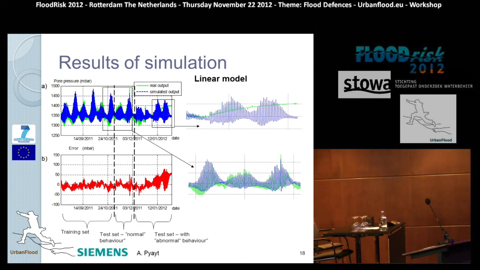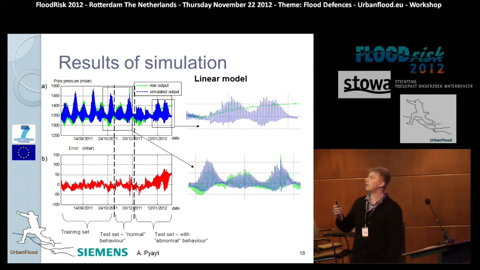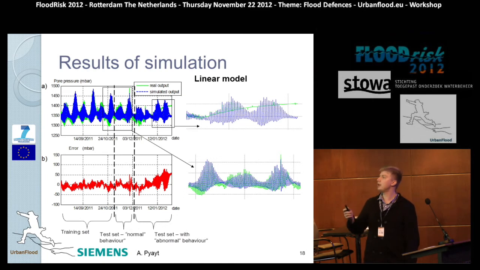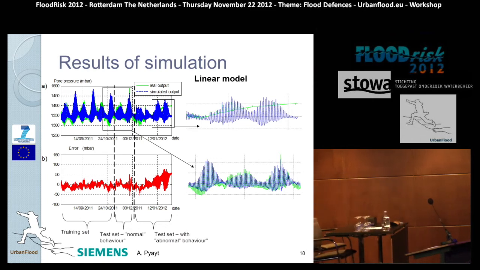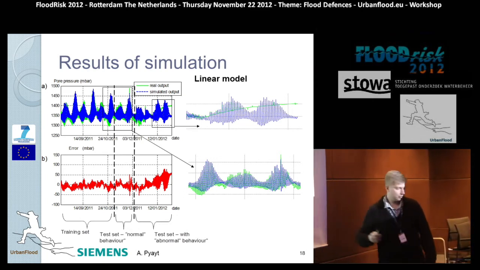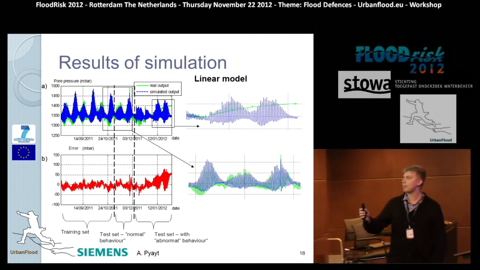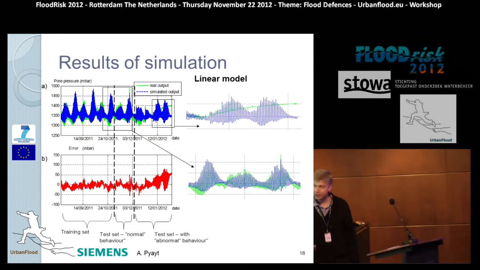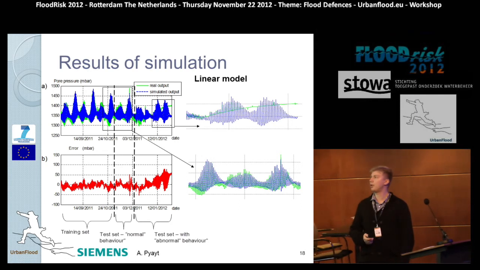But it also can identify the sensor fault because you can see the deviation presented in this part. So it is different in comparison to other parts of the data set.